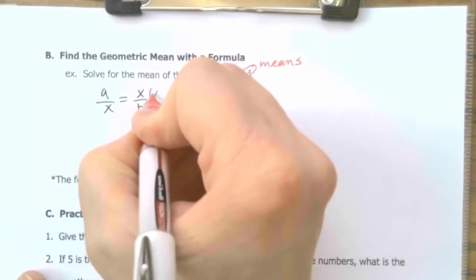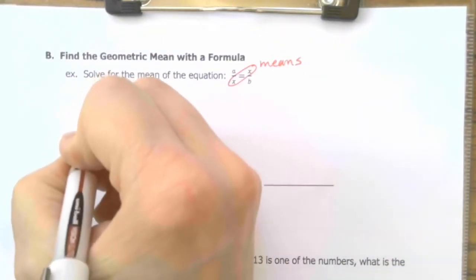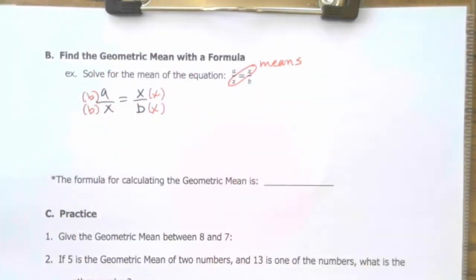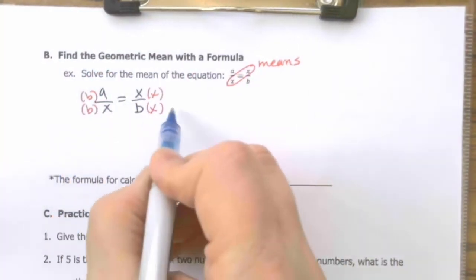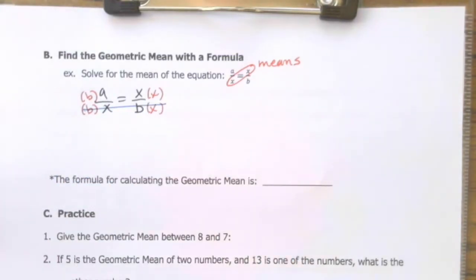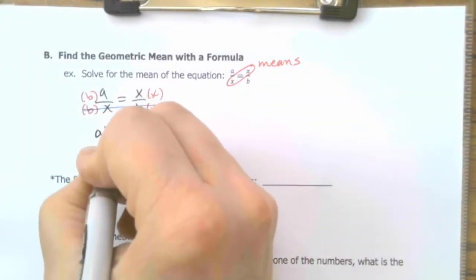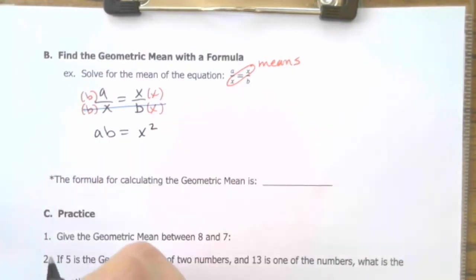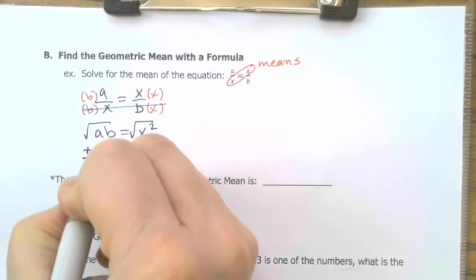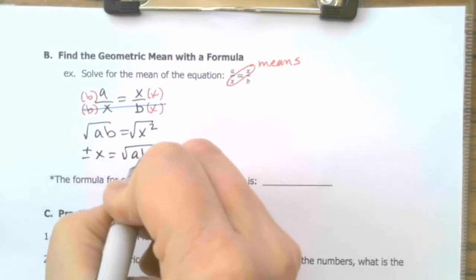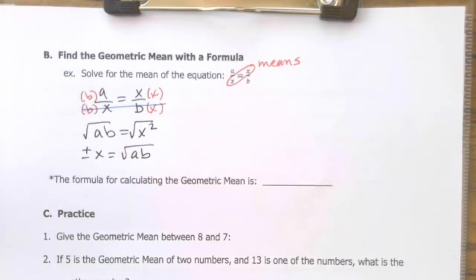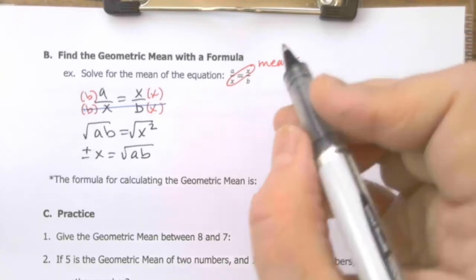So this side needs an x over x. That side needs a b over b. Bx, bx, they cancel out. We get ab equals x squared. Take a square root, and we get plus and minus x equals radical ab. Now, since when talking about means, we're talking about side lengths.